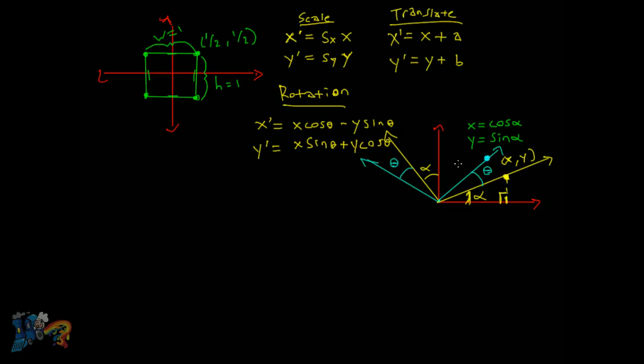And this point's going to have the coordinates x prime and y prime. So we're saying the coordinates of this point are the result of a rotation by some angle alpha to get to the initial point, and then another angle theta, so theta more, to get to the point x prime, y prime.